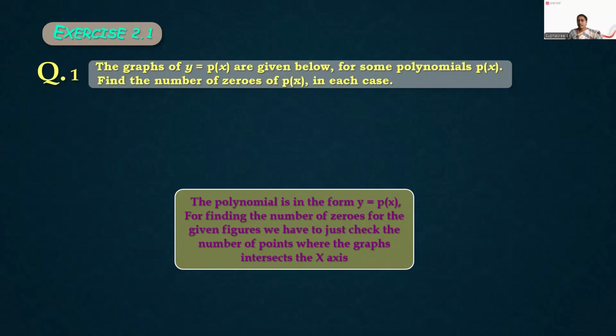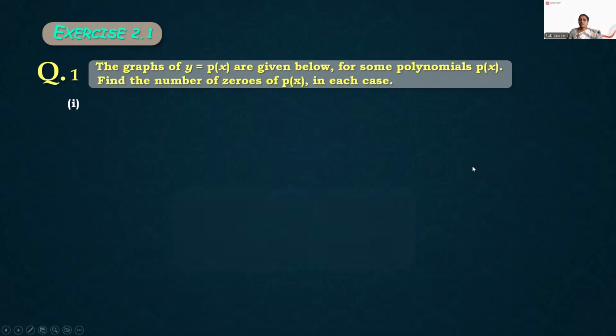They have given some graph, y equal to p of x. You have to find how many zeros there are. How are the number of zeros identified? When the figure intersects the x-axis, the number of intersection points is called the number of zeros.